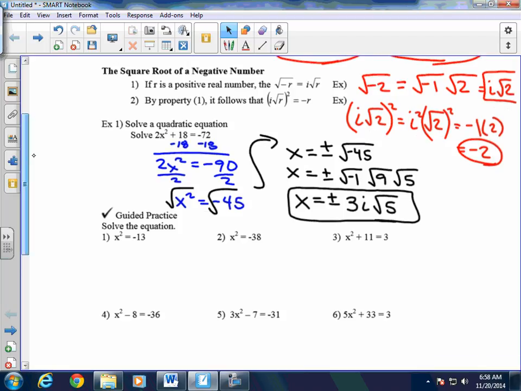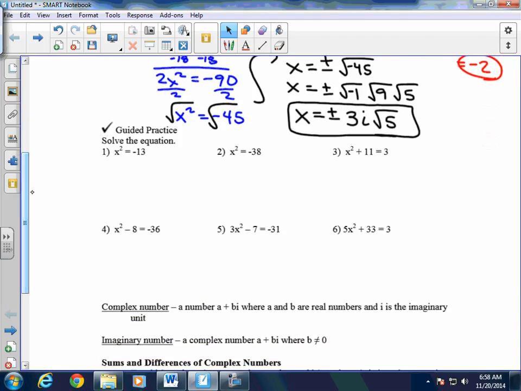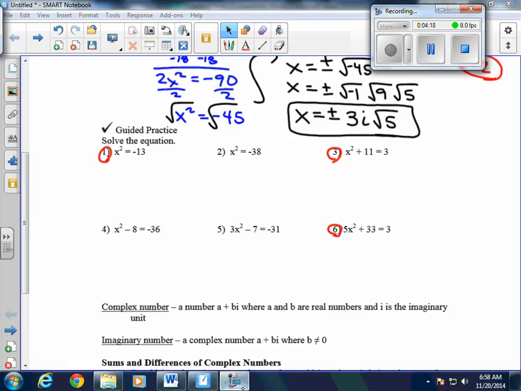So let's go down to the guided practice where we'll have you try a couple of these. Let's do number 1 and number 3. And let's also go with number 6. So you can go ahead and pause the video and hit play when you're ready.